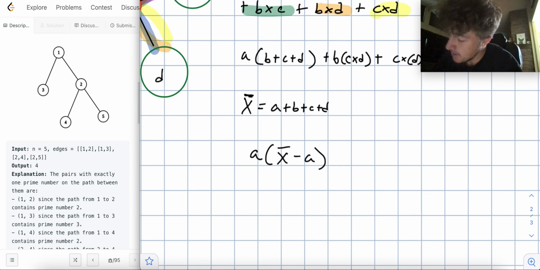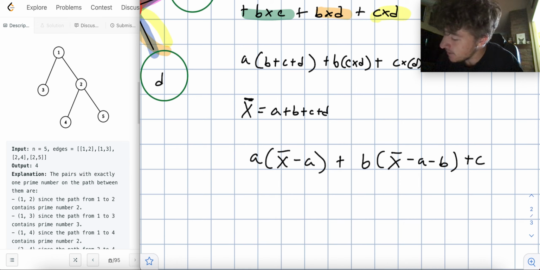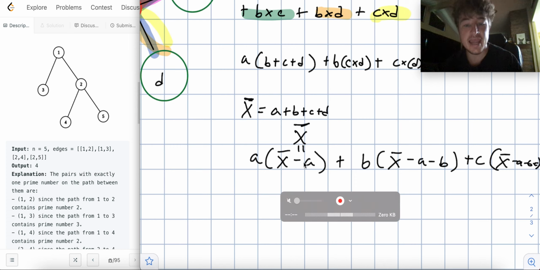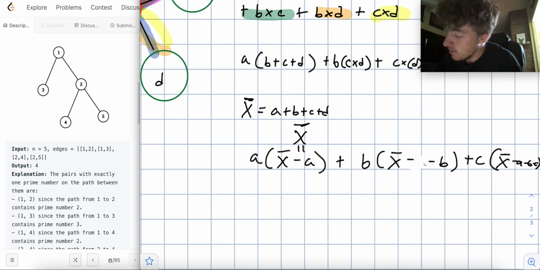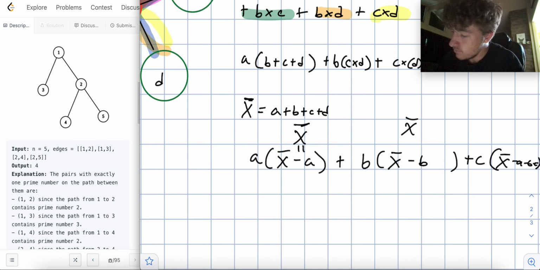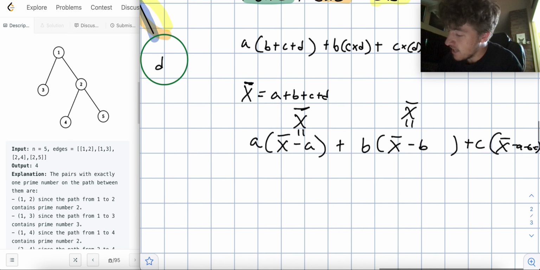And then we add in b times X minus a minus b. And then we add in c times X minus a minus b minus c. As long as we update X at each of these operations: multiply a by X minus a, add that to the solution, then this would just be the new X minus b, we update X with that, and then that would be minus c.